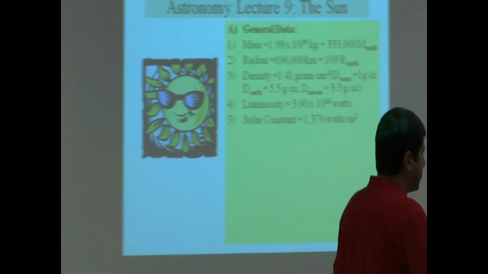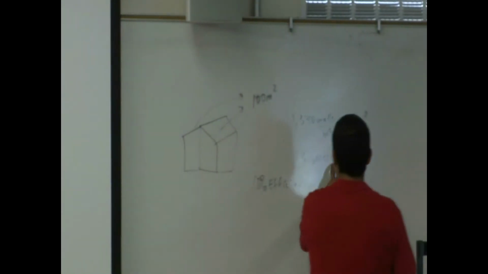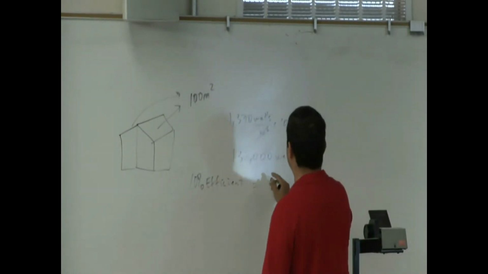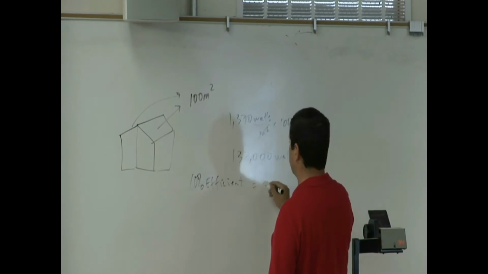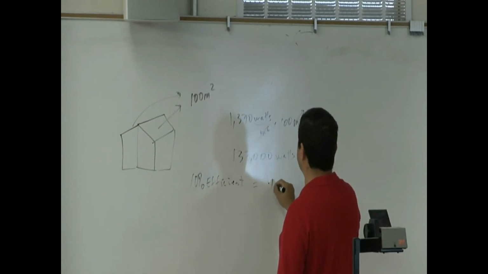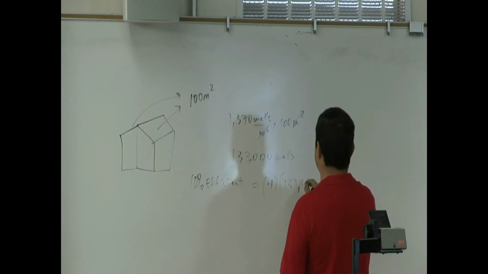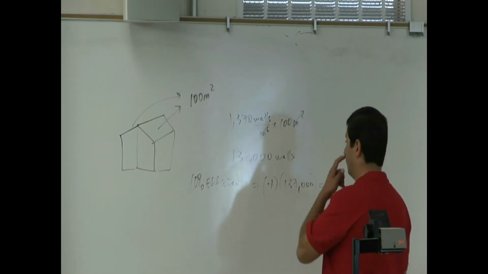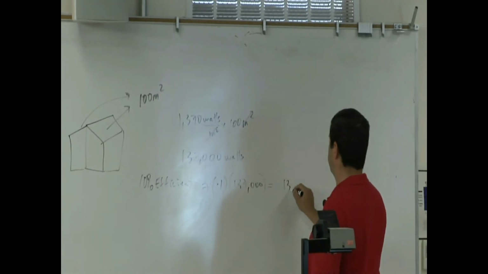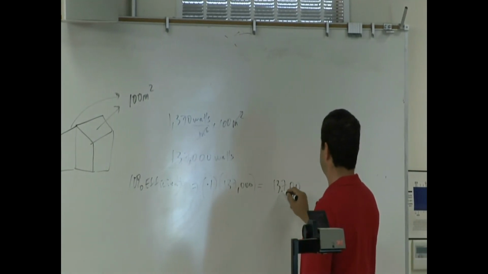Okay, even then, that's still not bad. If 10% of this is used, how much would that give you? So basically, it's like taking this number and multiplying it by 0.1. 137,000 multiplied by 0.1, what do you get? 13,700 watts.